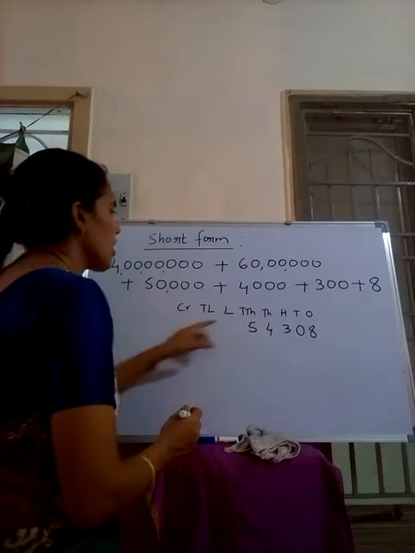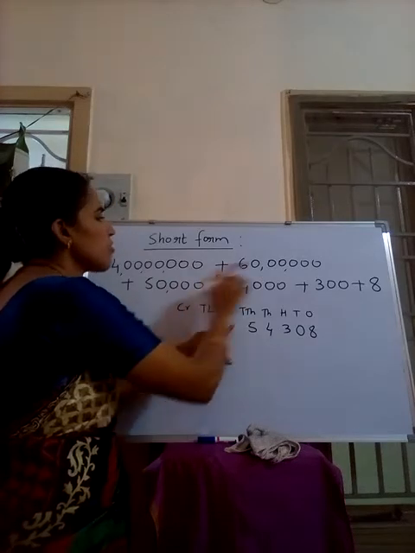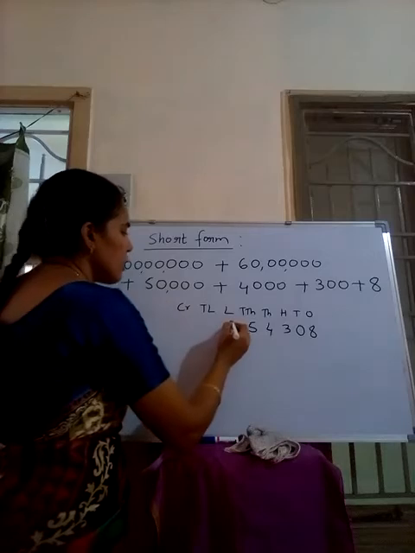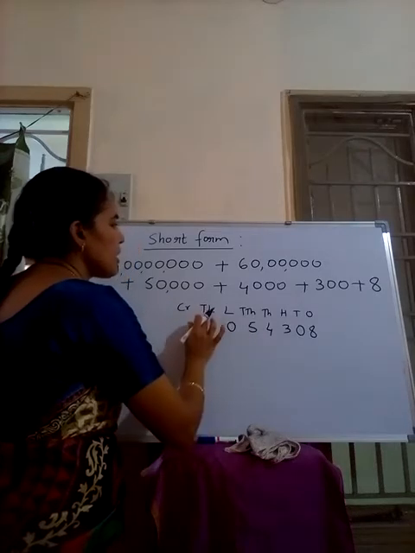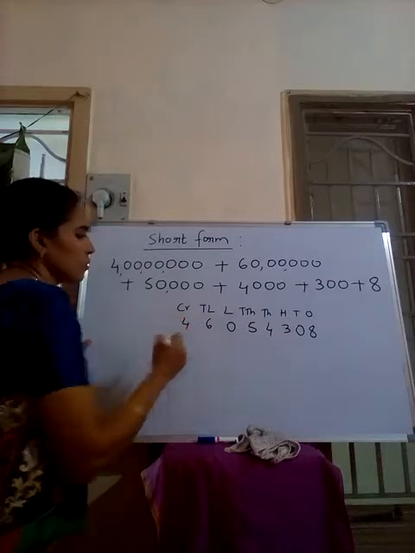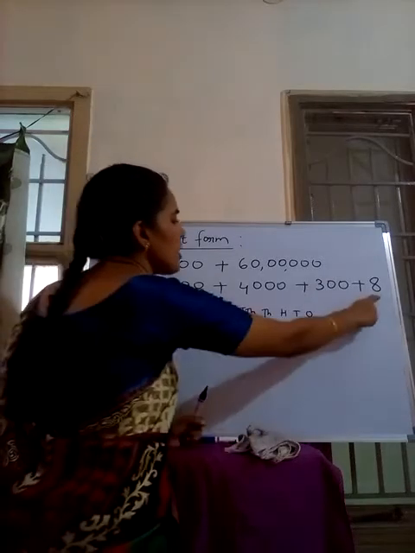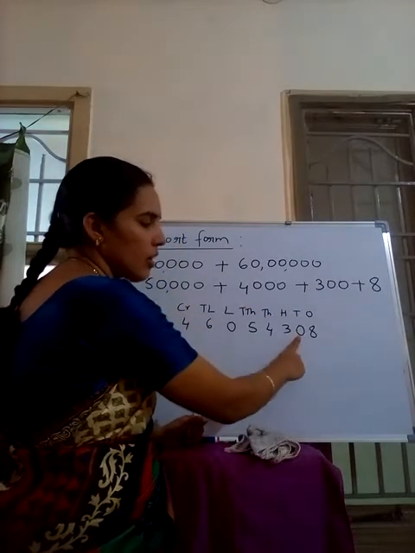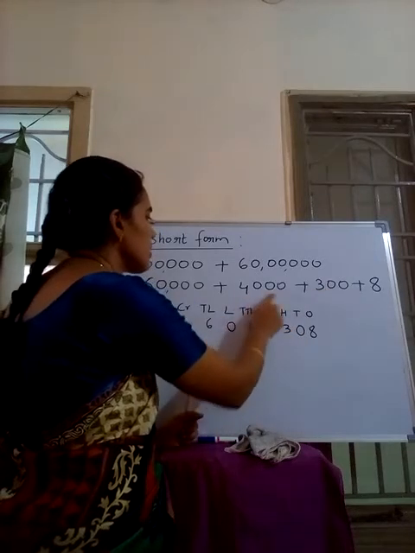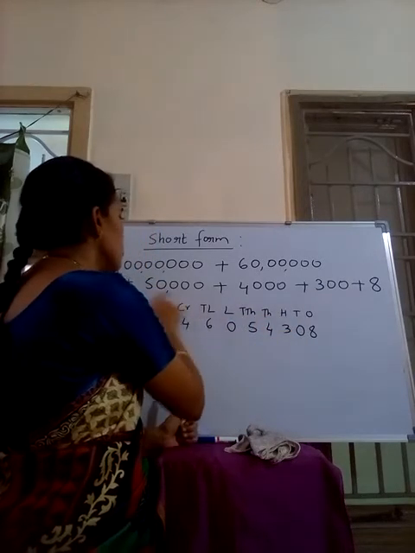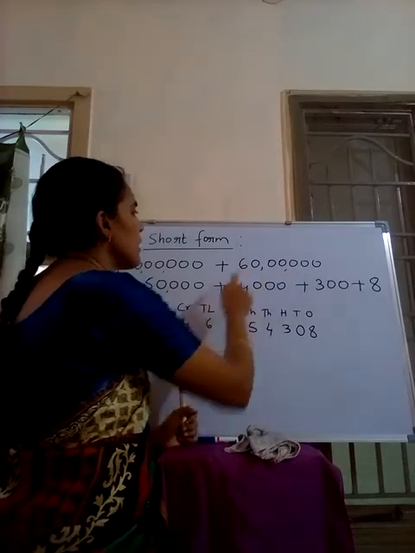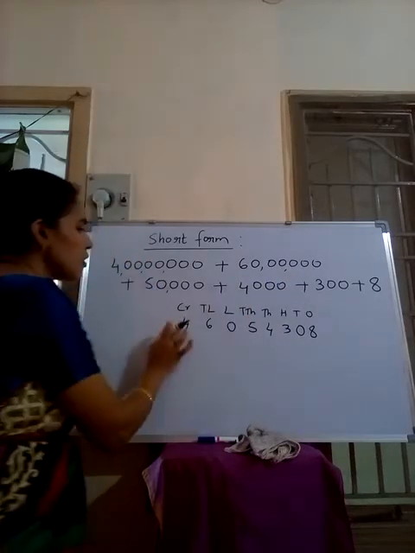Then 1 lakh is 5 zeros, so lakhs place is 0. 10 lakhs place is 6, and then crores are 4.